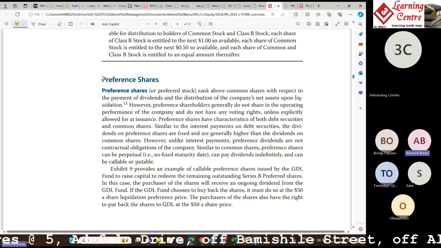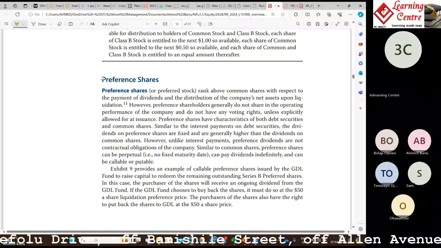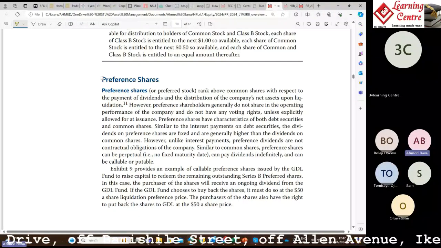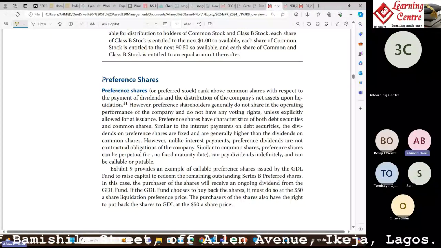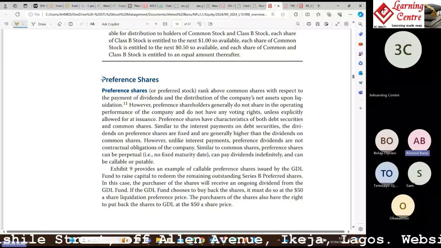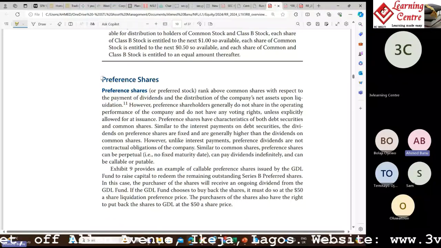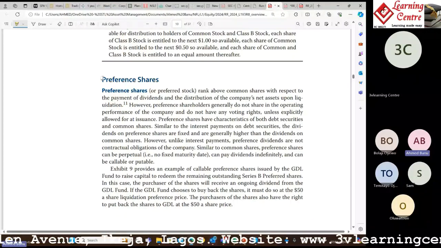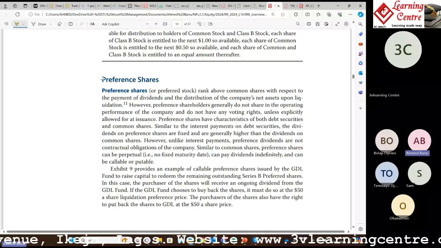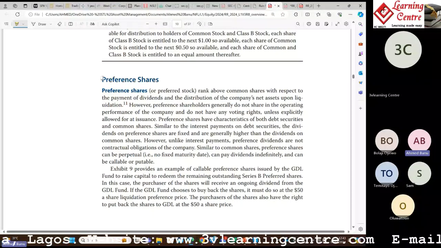However, preference shares get dividends at a fixed rate, meaning that for ordinary shareholders your dividend is not fixed. If I'm going to pay you dividends, the company can decide what percentage of the earnings will be paid as dividends. However, for preference shareholders, it is agreed ab initio.